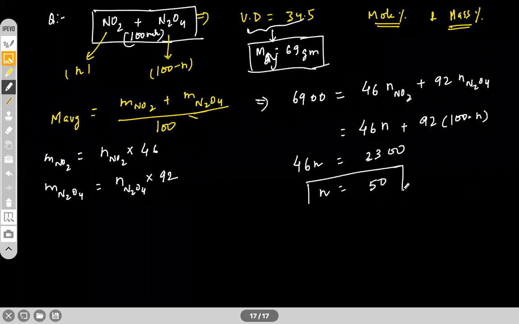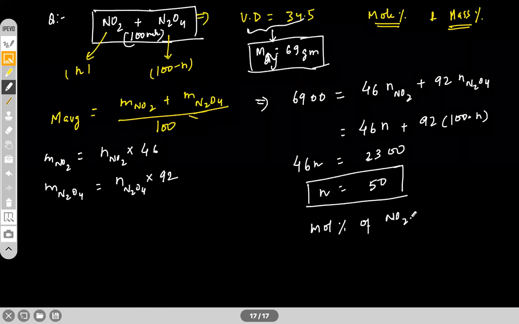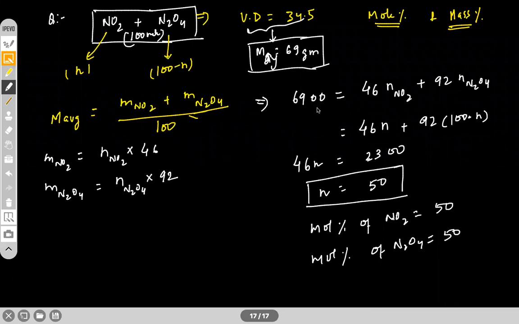So now N is 50. N is 50 means mole percent of NO2 is 50 and mole percent of N2O4 is 50. It's clear? In this condition, yes, equal molecules of NO2 and N2O4. Okay.